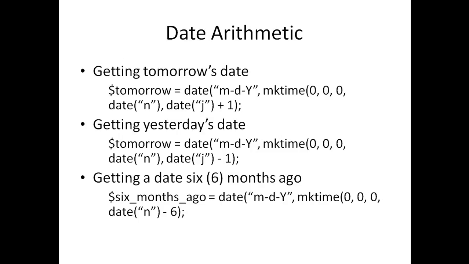Just keep that in mind if you're doing any type of date arithmetic, for example determining, if you're sending emails automatically, how many days have passed since your client last got an email. That's one way to utilize it. Just a heads up there.